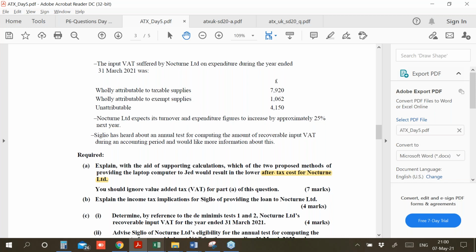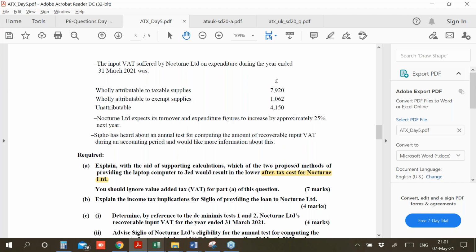If you calculate this and present this paper to him, he will not even have a clue where this 314 comes from, what this 1650 is in one option, and why there is no saving in option A. So you then have to explain to him that because you are a close company and you are not even a director of the company, providing you the laptop will be considered a dividend distribution.